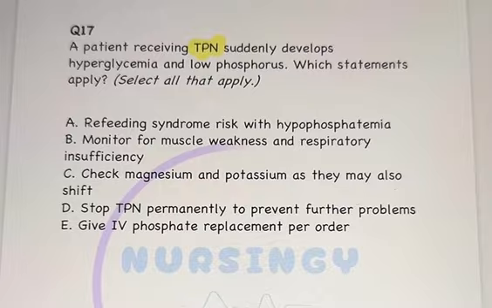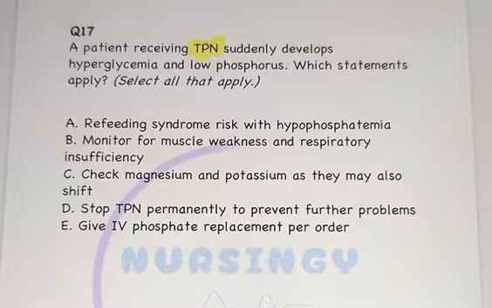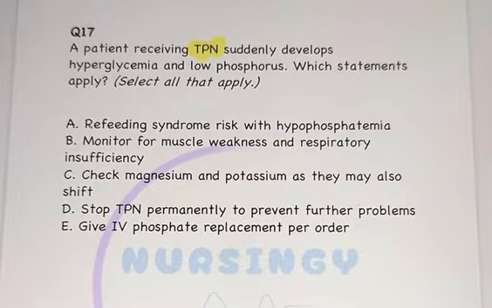Refeeding, yes. Okay, we are having refeeding syndrome here, and refeeding syndrome is always potentially fatal because there is a potentially fatal shift in electrolytes and fluid. Mostly it happens in patients who are on TPN because they are malnourished and suddenly they start getting the TPN.